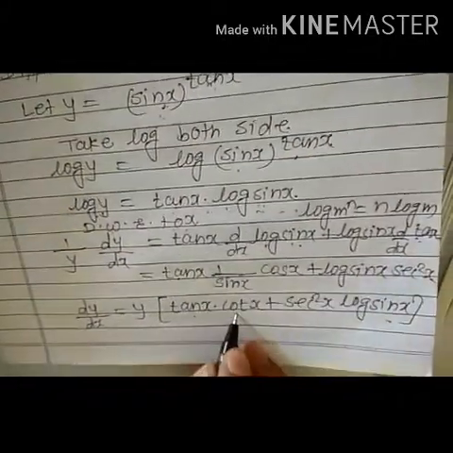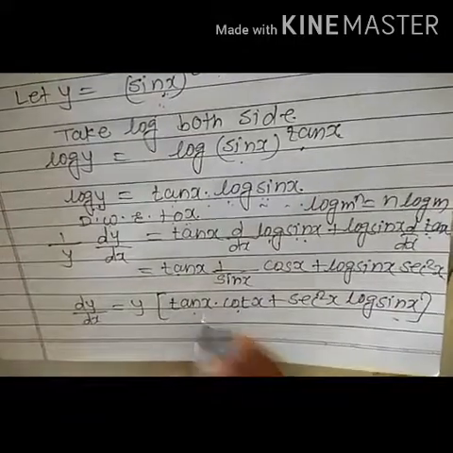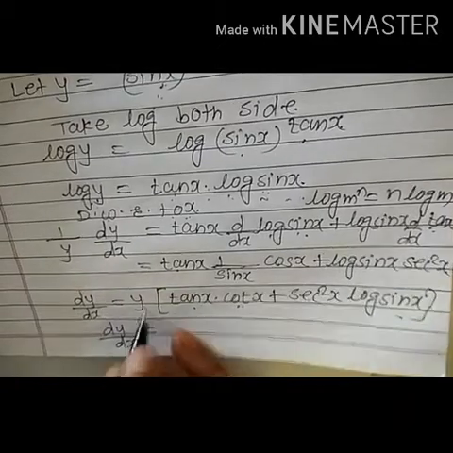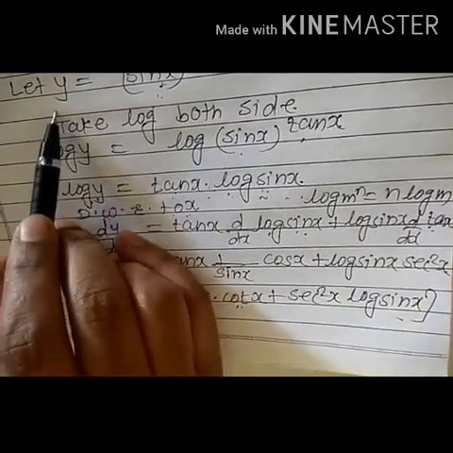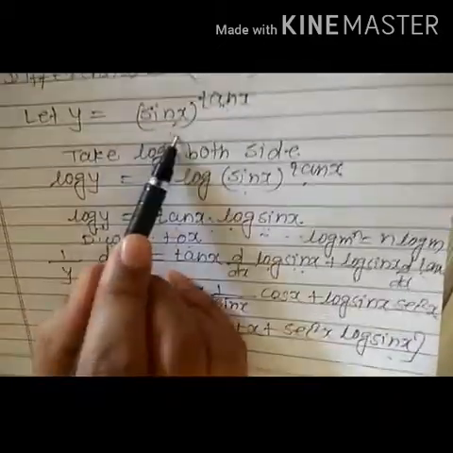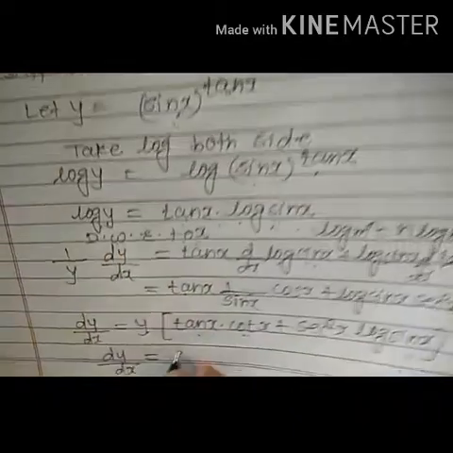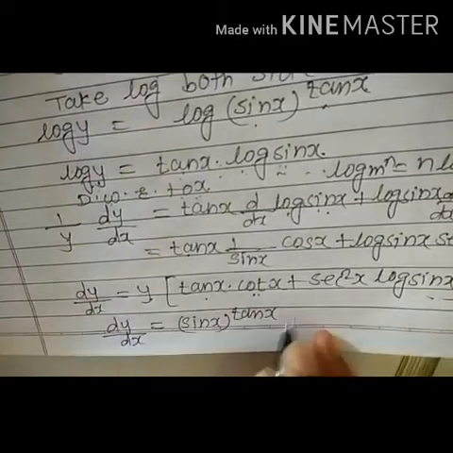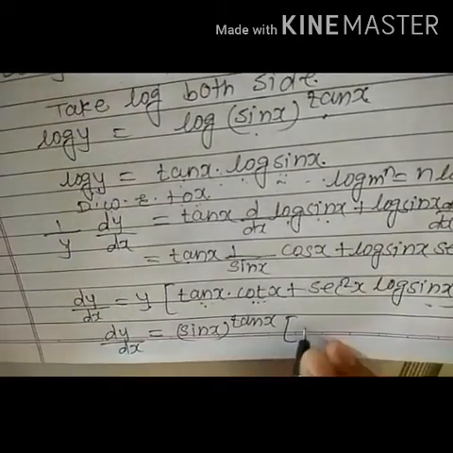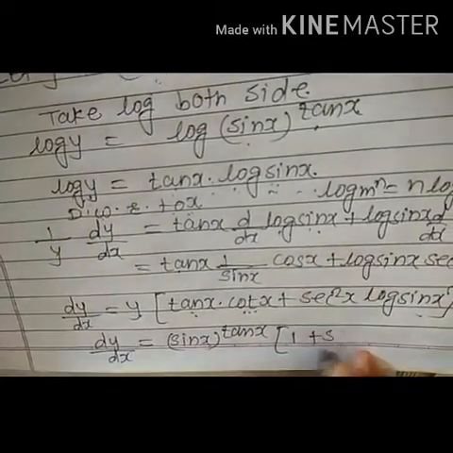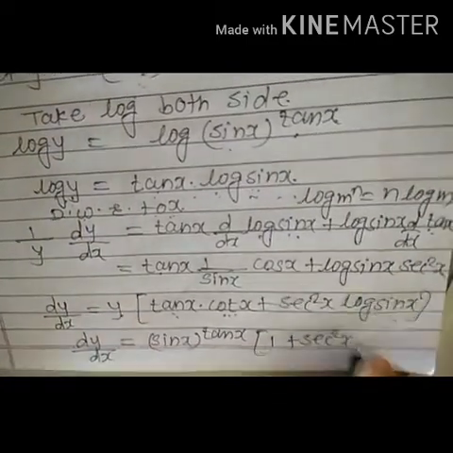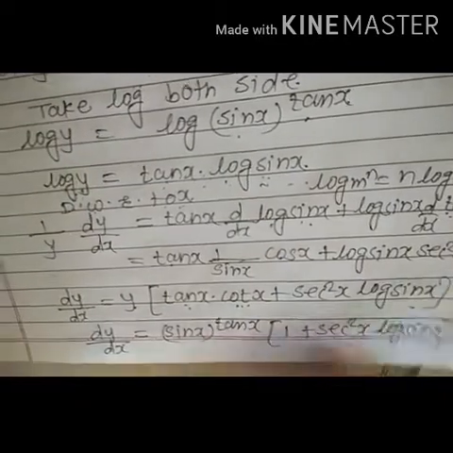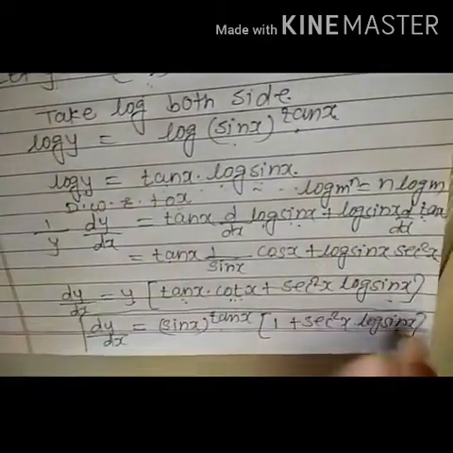Here tan x into cot x, we know that the value of tan x into cot x is 1. dy by dx equal to, and y's value, we consider, let y equal to sin x raised to tan x. Now tan x into cot x value is 1, plus sec square x into log of sin x. That is the answer.